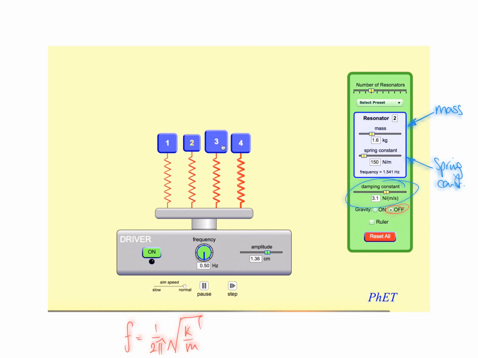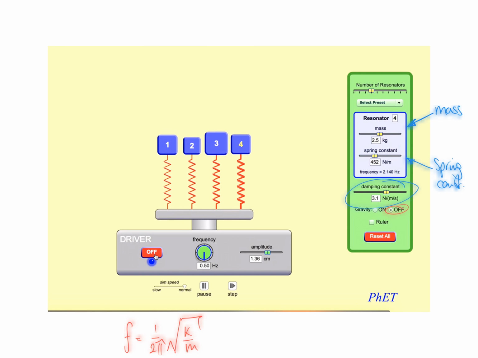That's how it moves naturally. The third one is 4 kilograms and 236 Newton meters as spring constant. And the last one, there's 2.5 kilograms and 452 Newton meters as spring constant.